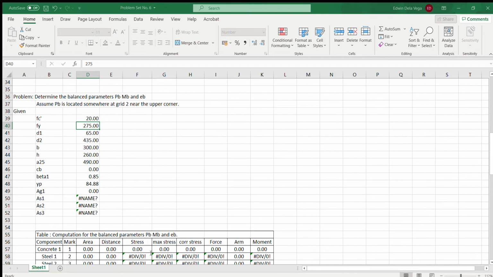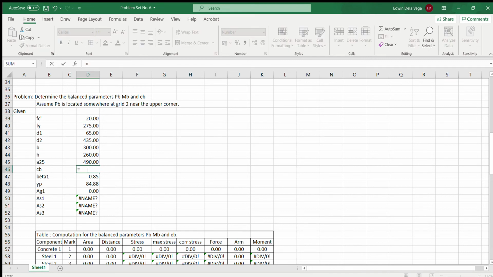So I can paste the name here. This is a cut and paste file. Anyway, let's just use the cell name, which is, let's say for this, it's D39, etc. Okay. So I can now make use of the formula for CB.